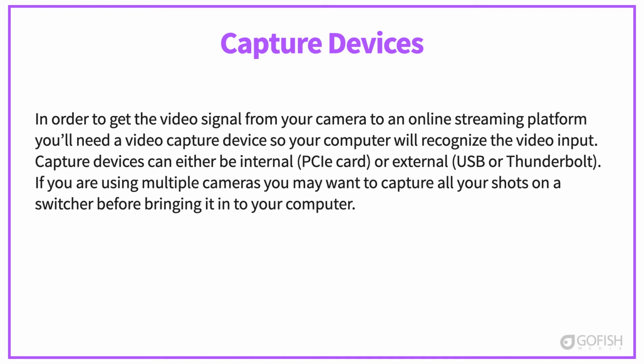A video capture device is designed specifically to ingest raw video, so it can be processed and used in whatever way you plan, in this case, to live stream. So capture devices can be either internal, which would be a PCI Express card that attaches to your motherboard, or external, which are going to be either USB 3 or Thunderbolt.